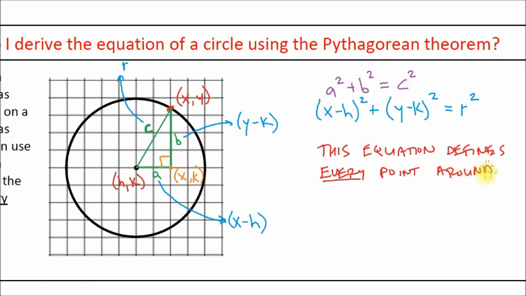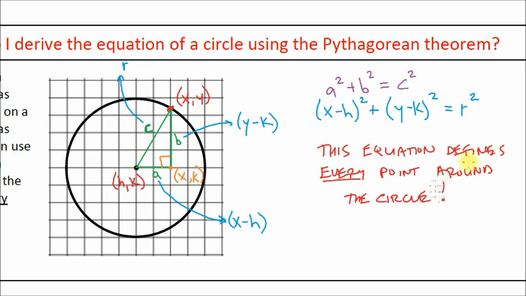Let's make that note. So it doesn't matter where we are, no matter where this point is on the circle, if you make a right triangle and label it A, B, and C, A will always be x minus h, B will always be y minus k, and C will always be the radius. So every point around the circle.